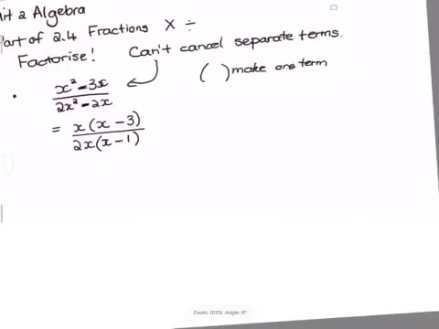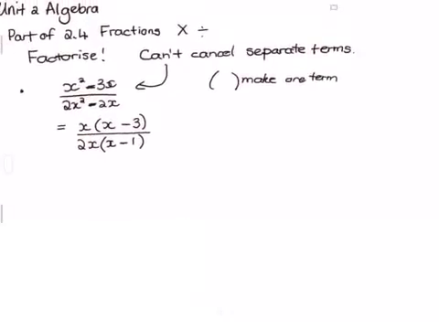However, the x in front of my bracket is multiplying, so I can cancel that. Say x goes into itself once. The x down here is multiplying, so I can say x goes into itself once. So you don't interfere with the pluses and minuses. Notice another thing. Now at the top I can remove my bracket.